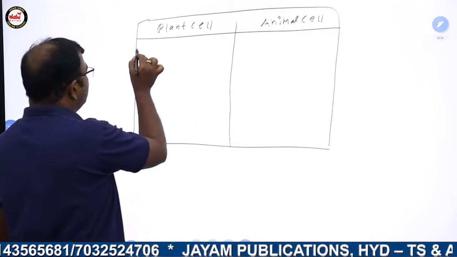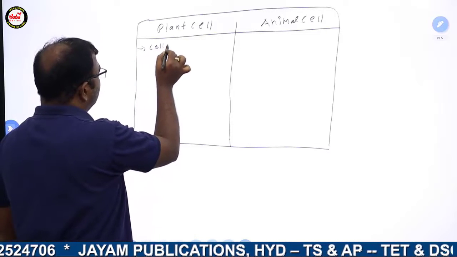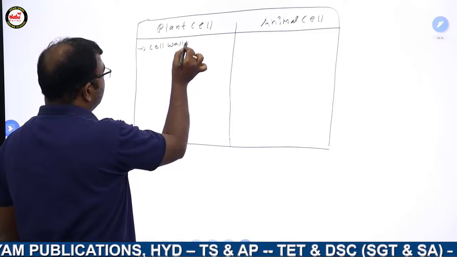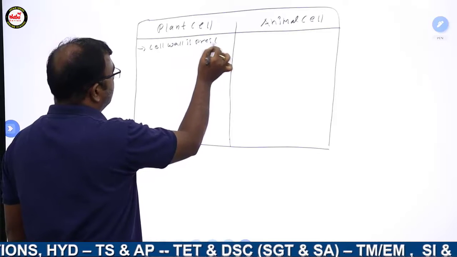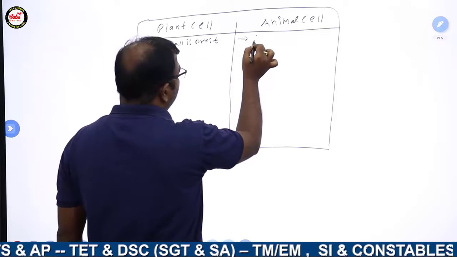In plant cell, the cell wall is present. In animal cell, the cell wall is absent.